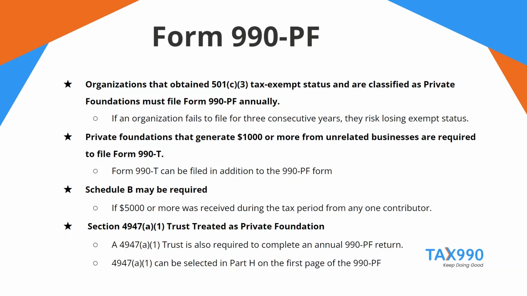If the organization is clearly indicated as a private foundation, there are no other form options on an annual basis, and the private foundation is required to file the 990PF regardless of their financial status. That's really important to remember because if you're a private foundation and you file the wrong form, it will be rejected by the IRS.